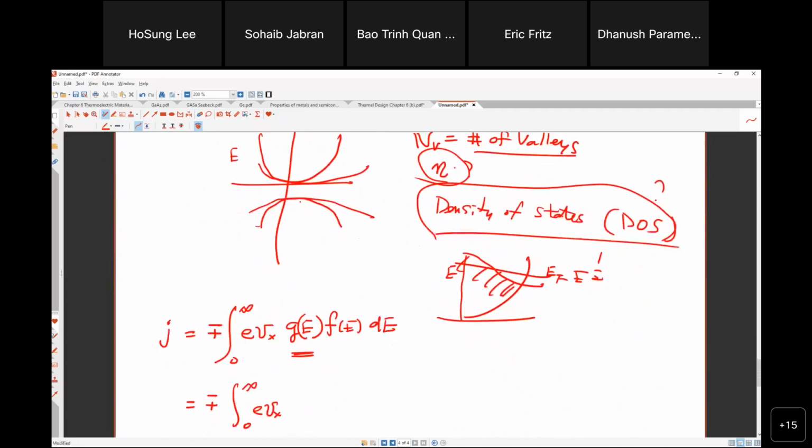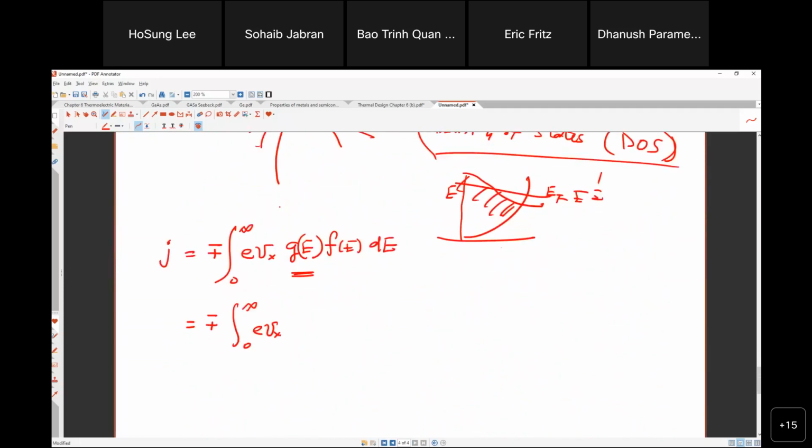So the velocity turns out to include this relaxation time, and G of E, the F distribution.